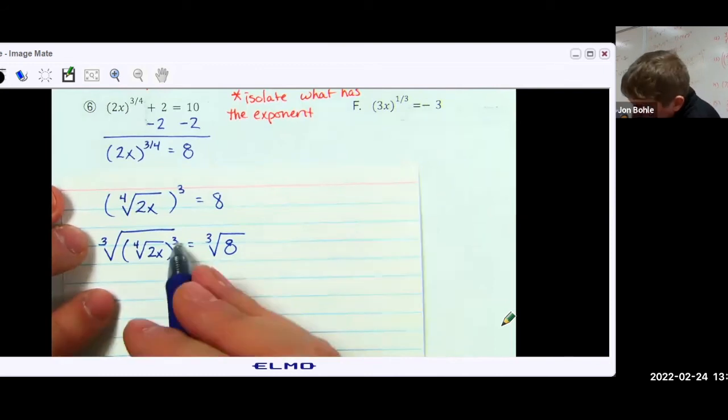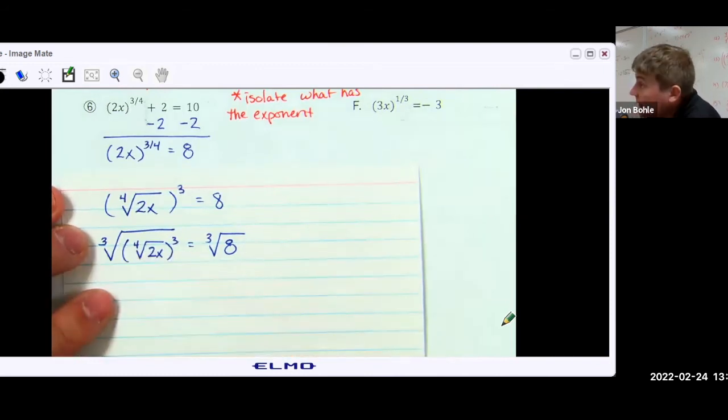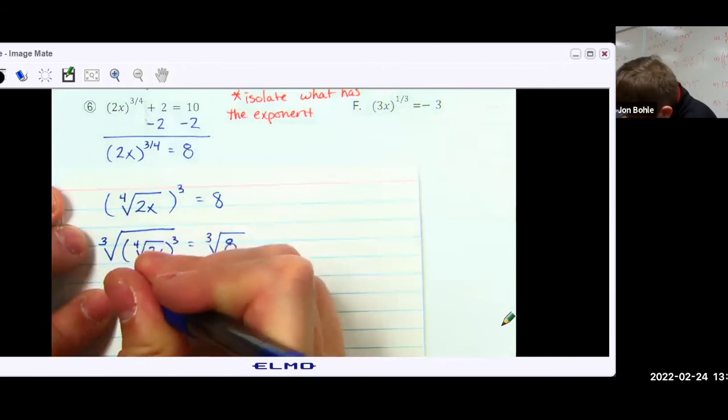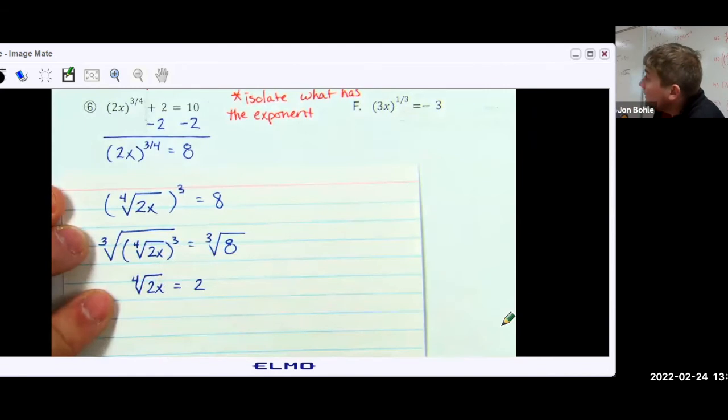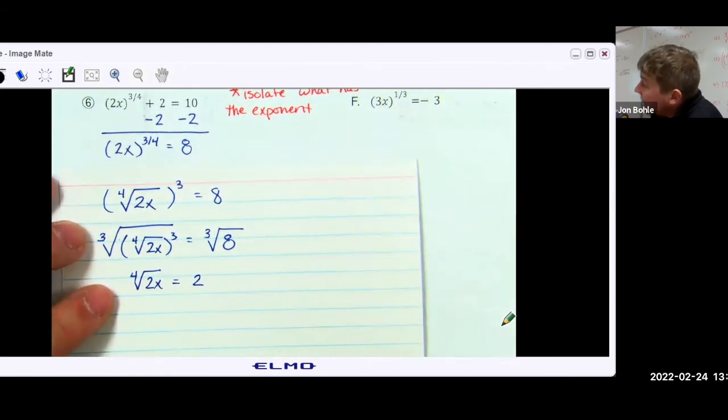Okay, and what happens with my cube and cube root? They cancel. So now I'm left with the fourth root of 2x is equal to 2. And then what would I do? How do I undo this fourth root?